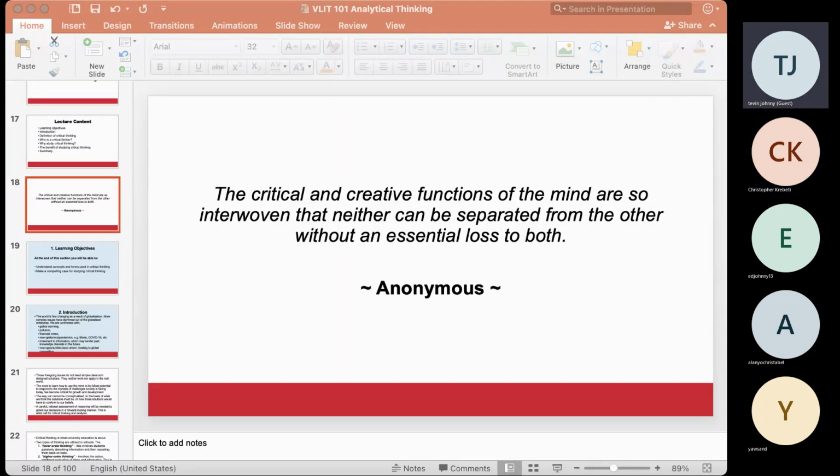And in order to develop something new, you are trying to develop a particular solution to a problem. In order to solve a problem, you need to think through exactly what you want to solve. So that's why I believe the critical and creative functions go hand in hand, because in order to create something new to solve a problem, you must analyze and understand it properly in order to solve that problem at hand.